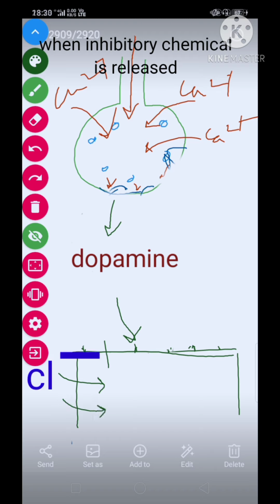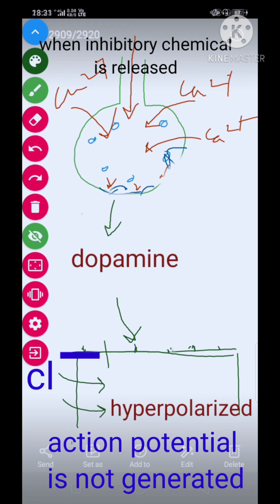As a result of this chloride channel opening, the postsynaptic membrane will become more and more negative and will be in a hyperpolarized state. Thus, the generation of action potential in the second neuron is inhibited.